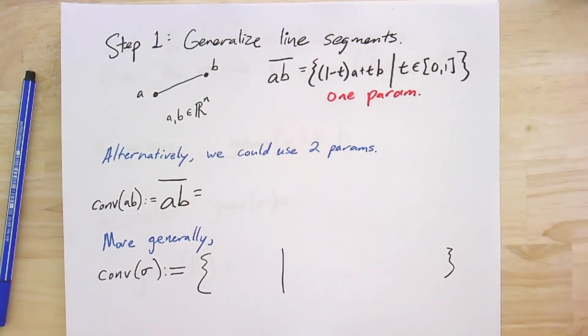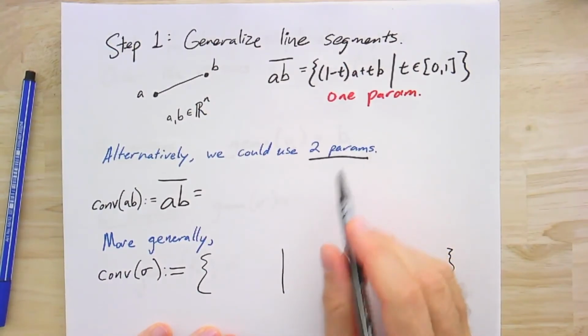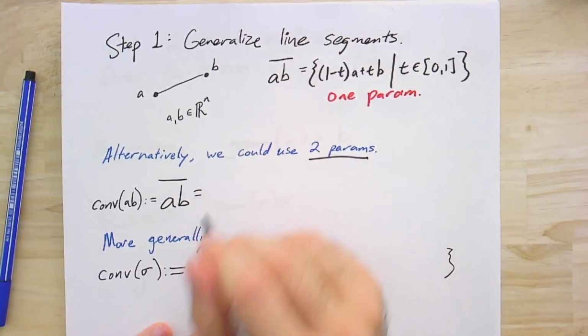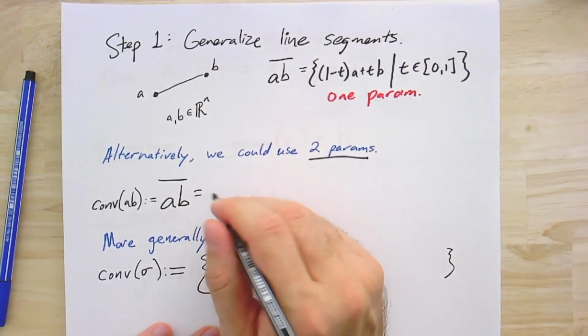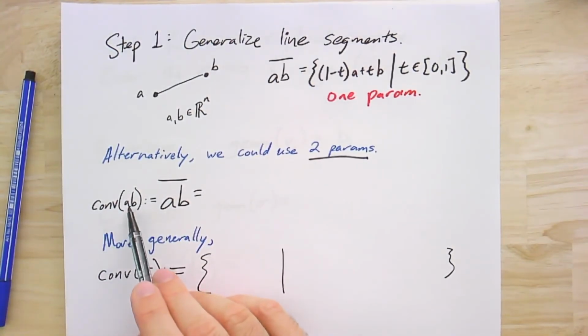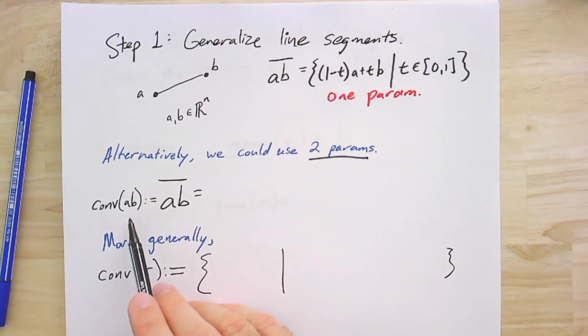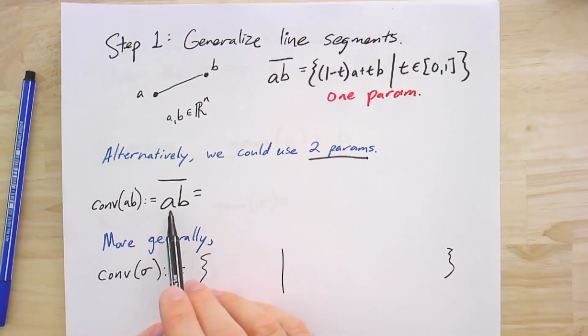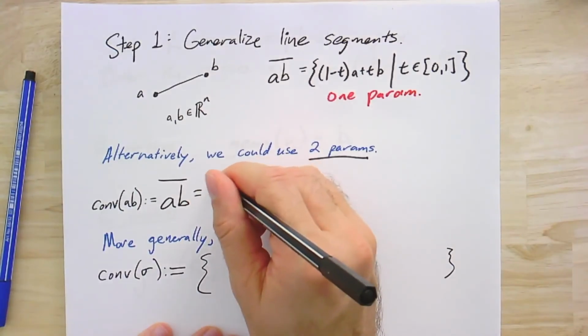Alternatively, we could use 2 parameters, and that might actually be more natural as we get into higher dimensions. So I'm going to call the convex closure of a set AB just the line segment AB, but I'm going to write it as follows.